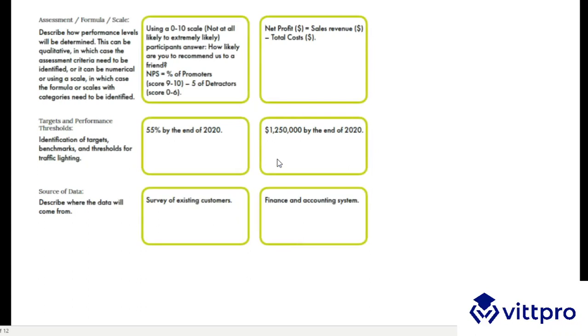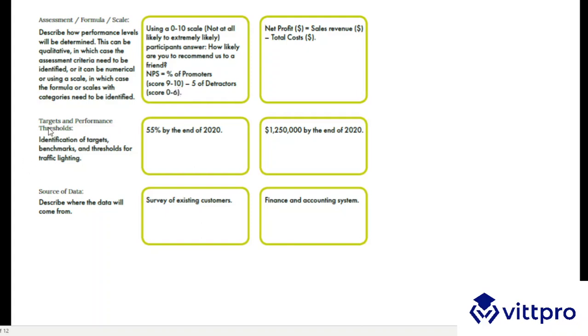The next thing you have to identify is the measurement, how you are going to measure it. In this case, on a scale of 0 to 10, because it's a customer, you are asking the customer to scale your performance from 0 to 10. 0 to 6 means not good. 9 to 10 means they are going to recommend to a friend, and that will define the NPS, means how many people will give you the promoter score of 9 to 10.